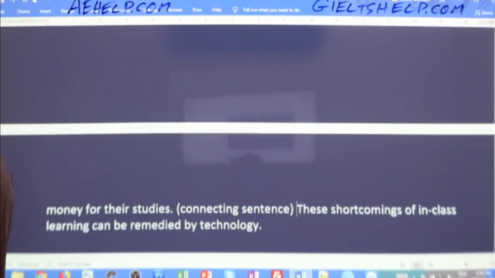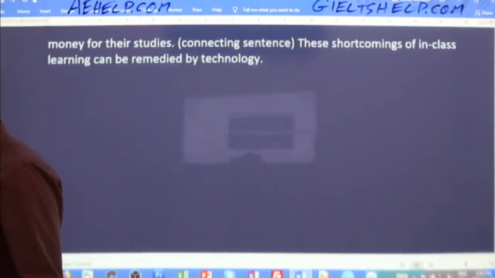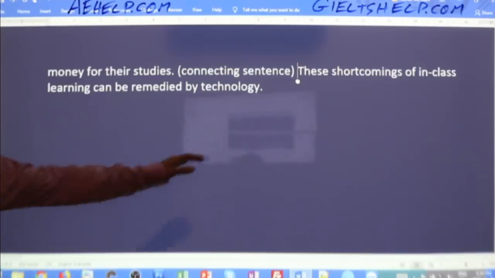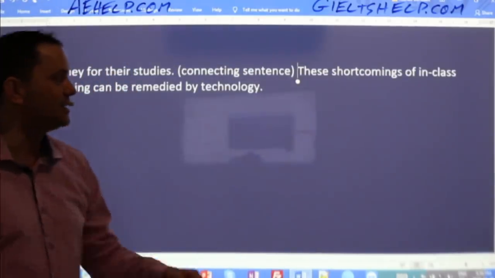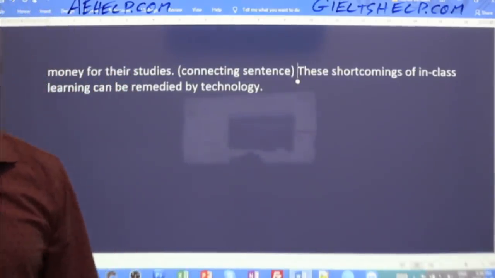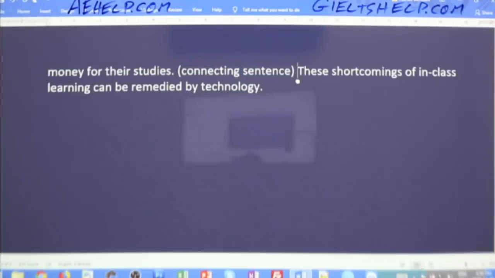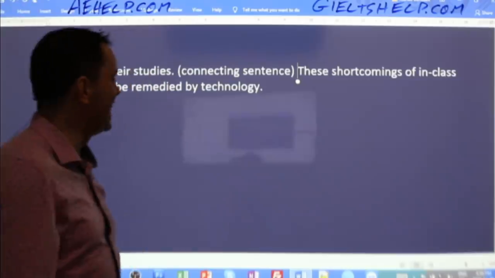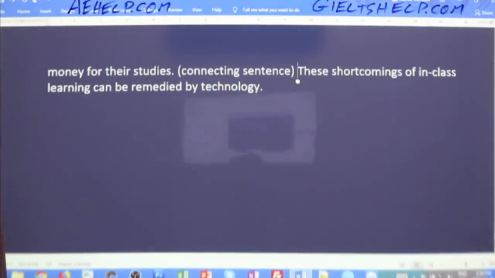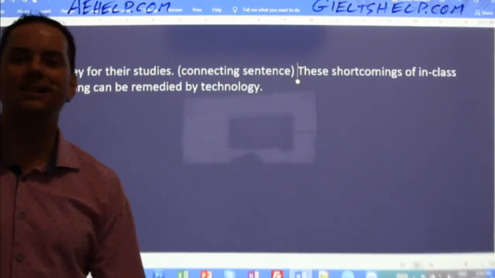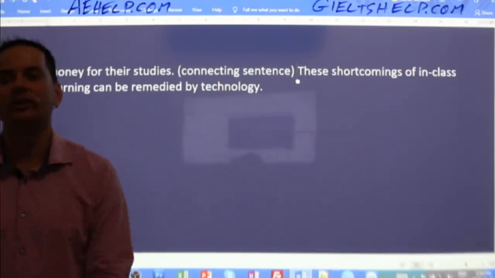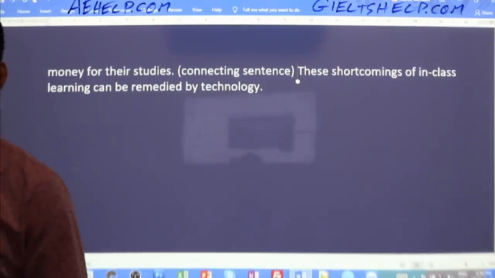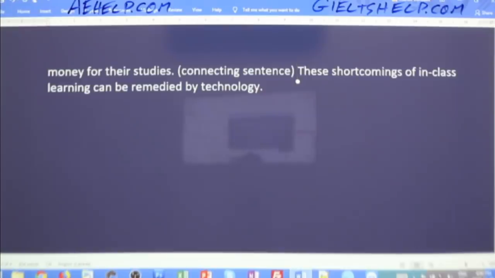So I'm teaching you some vocabulary there as well. Shortcomings is another way to say disadvantages or deficits, okay? In-class learning, in-class done with a dash, is another way to say face-to-face learning or physical classroom learning, okay? Paraphrasing is very, very, very important.